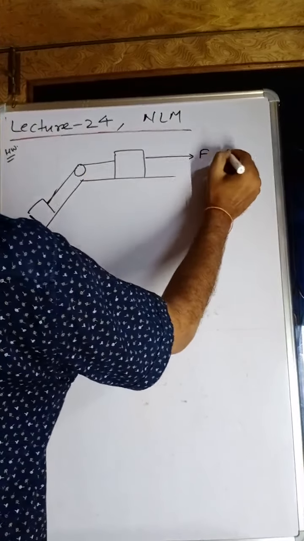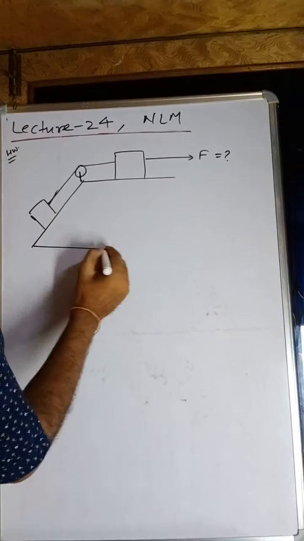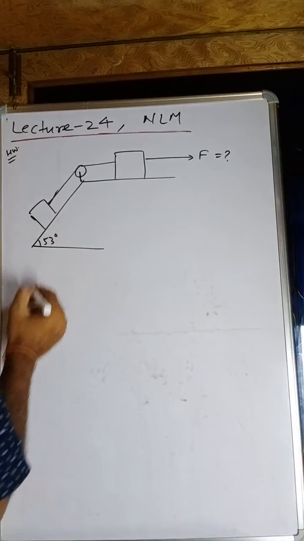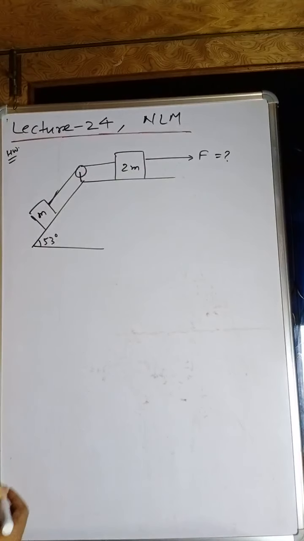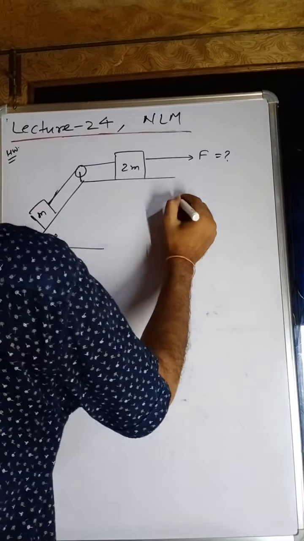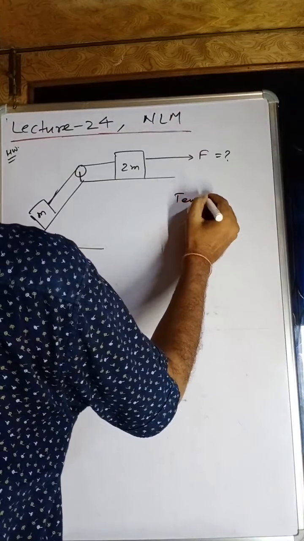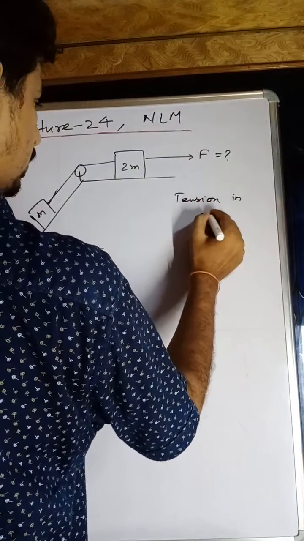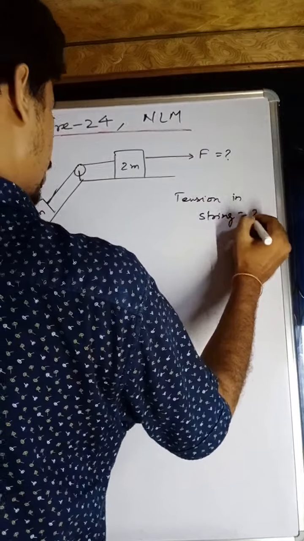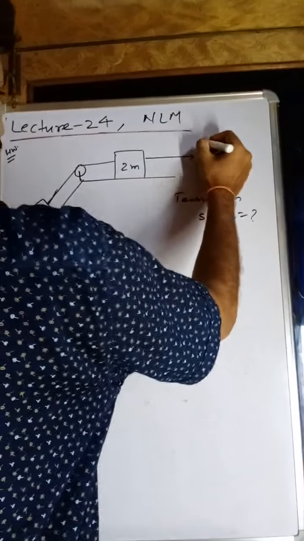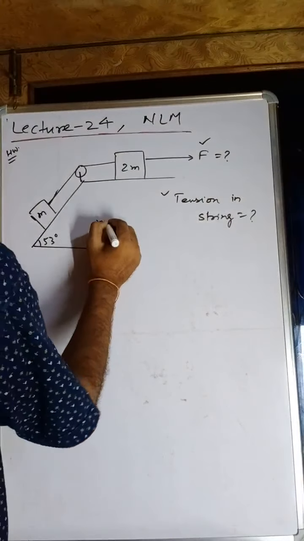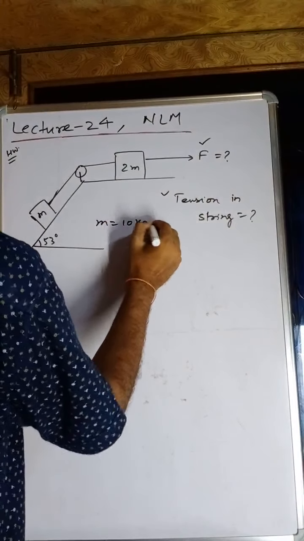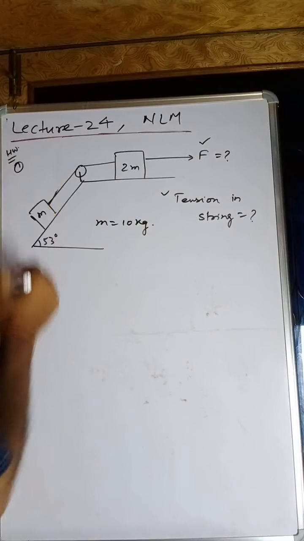How much force is required to make the system in equilibrium? It is 53 degree, M and 2M. Also find the tension in the string. The two things you have to find: tension in the string and the force. Here the value of M is 10 kg. This is your homework.